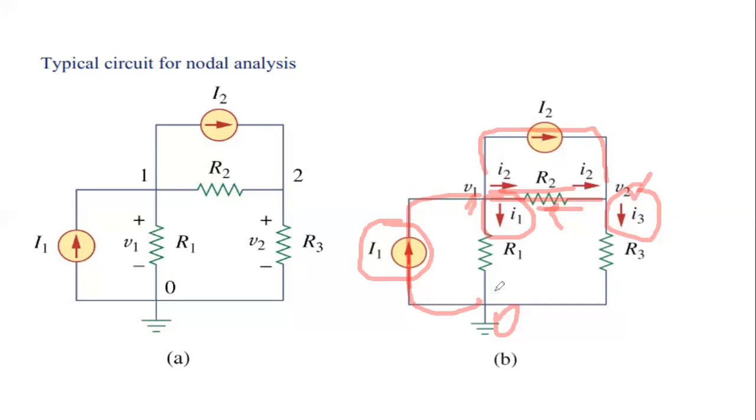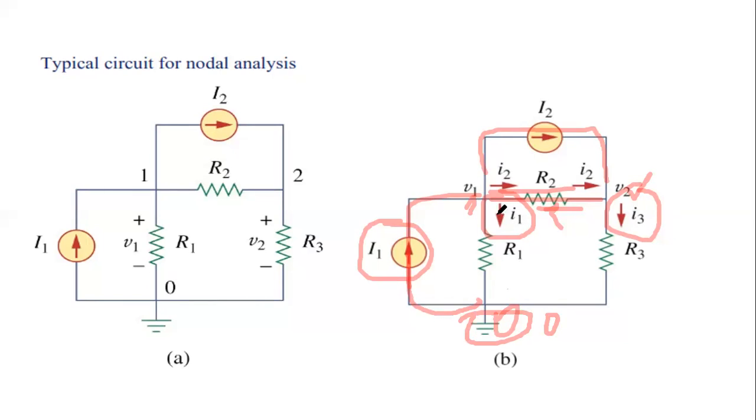That's why current is going down. This potential is 0. Traditionally it is better to take I1 and I3 downward rather than upward. Yes, you can take any direction, but the equations will change automatically.